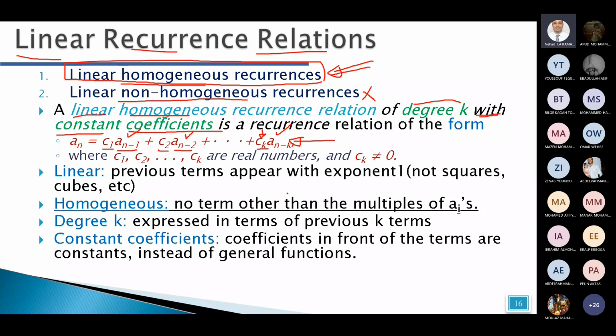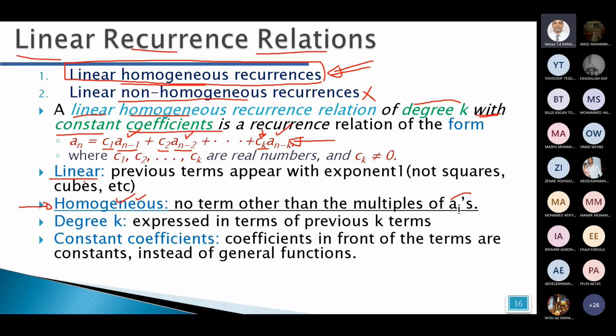If all the terms have the same variable, we call it homogeneous. No term other than multiples of a may appear in the relation, which means we have only one variable inside all the terms, so it's homogeneous.